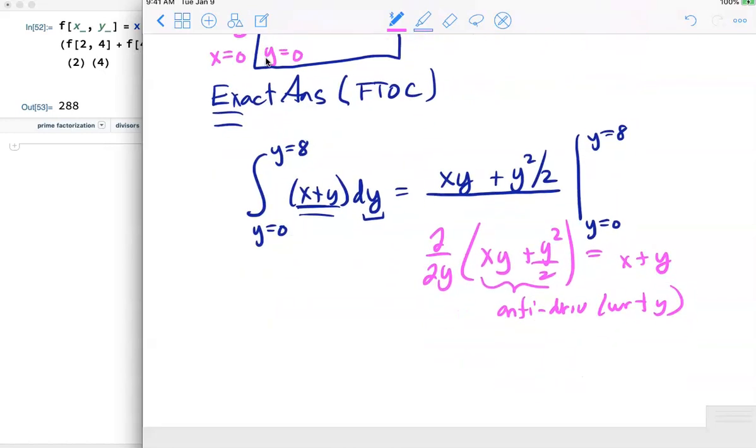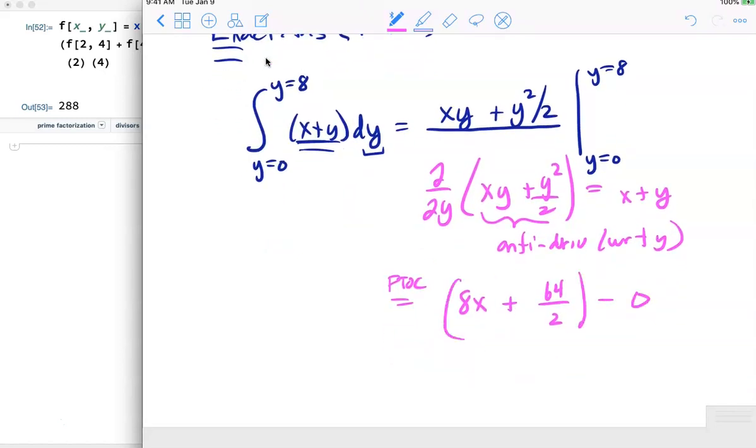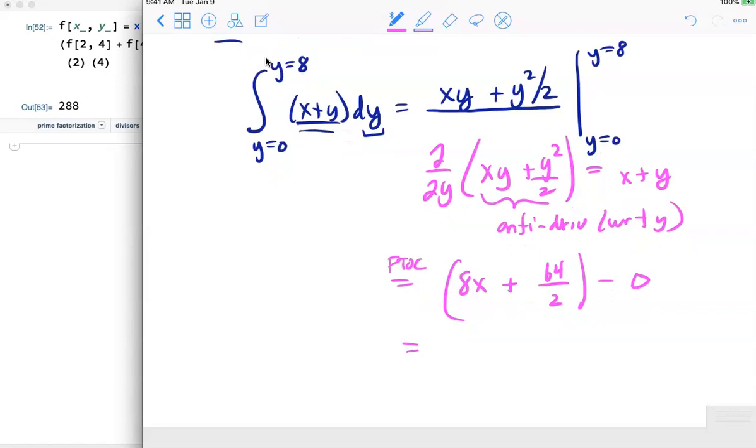So there's our antiderivative with respect to y, and then you can plug in the limits 0 to 8, just like you would with the fundamental theorem of calculus. So you would get 8x plus 64 over 2. And then you plug in y equals 0 on the bottom limit, and you get 0. So for the first integral, we get 8x plus 32.